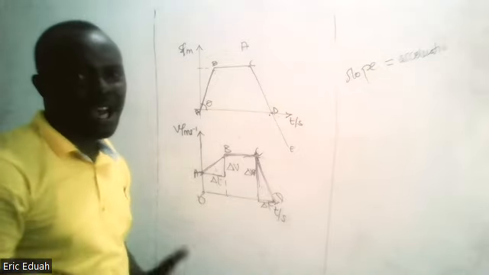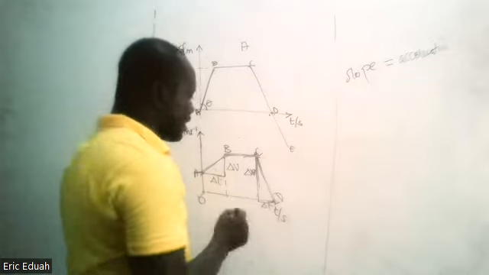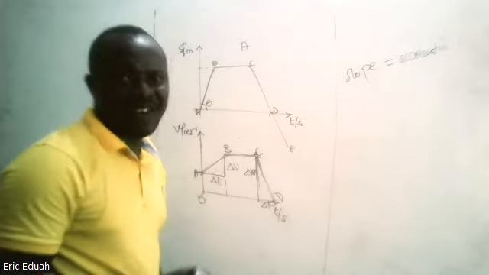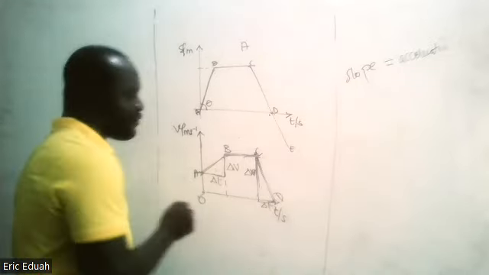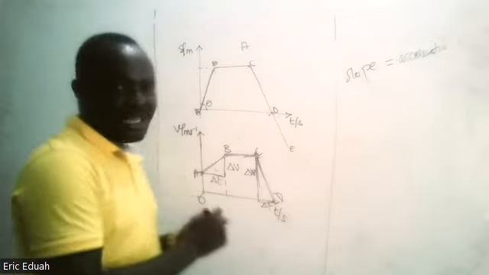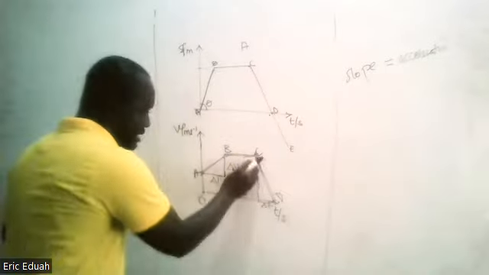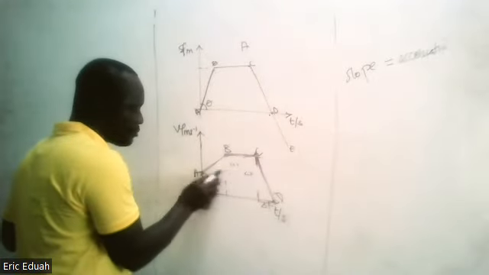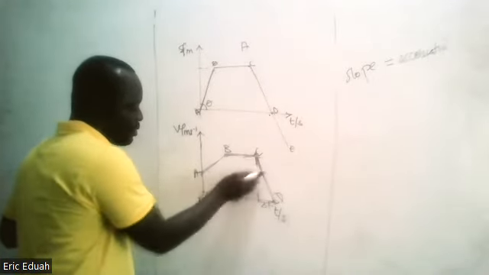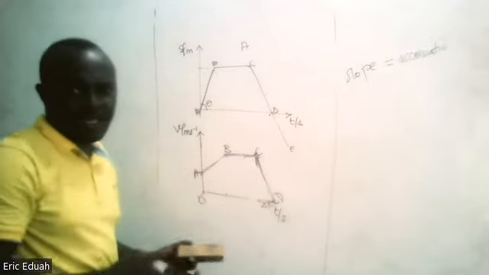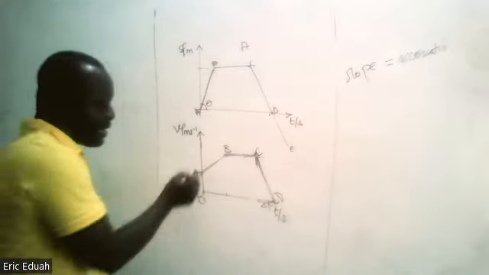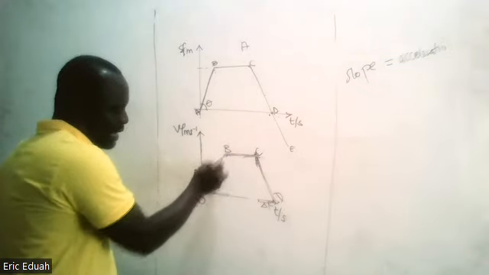Now, another observation: the area under a velocity time graph. If you have a velocity time graph, the area under it. An example is this. I have this velocity time graph, and this is the whole area under it.